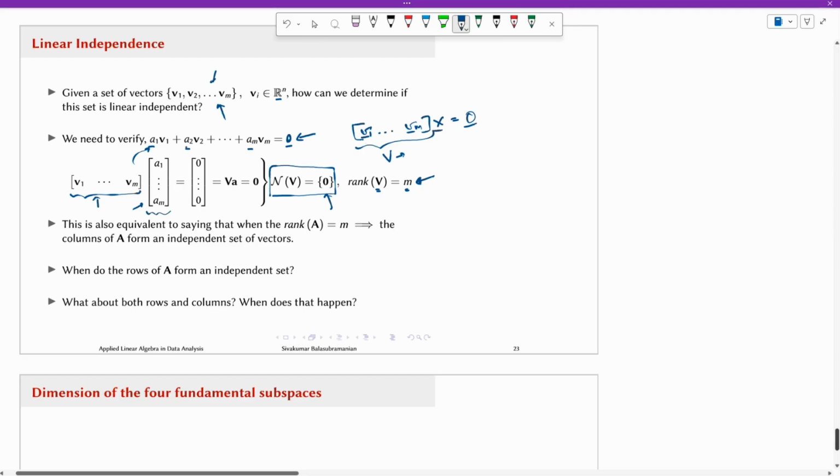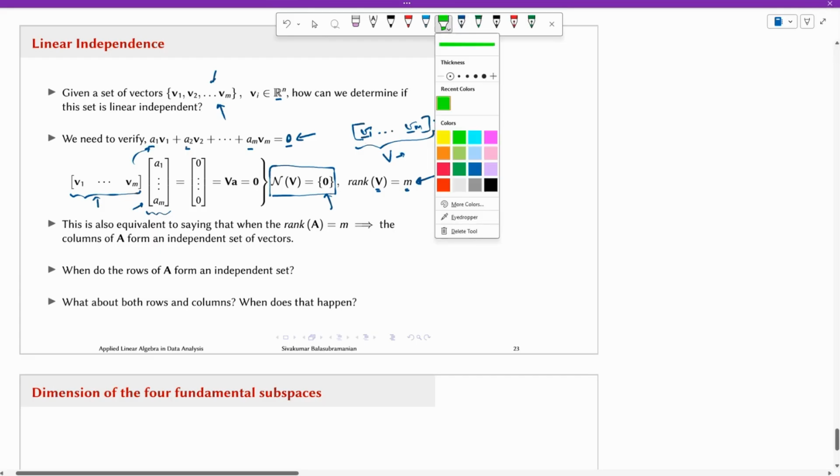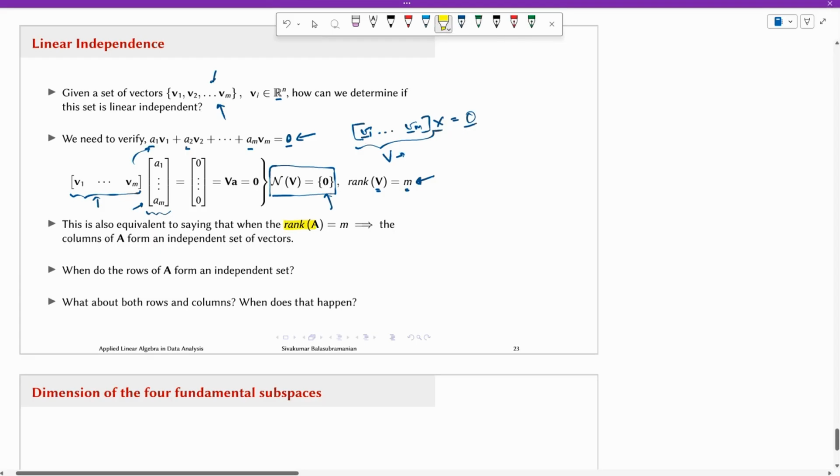And whenever you see a statement that says the rank of a matrix equals the number of columns, that is equivalent to saying the columns of A form a linearly independent set of vectors. The same thing applies to the rows as well. If the rank of a matrix is equal to the number of rows, then the rows are all linearly independent. If it's equal to both, then both the rows and the columns form linearly independent sets. And that's essentially what these two are for.